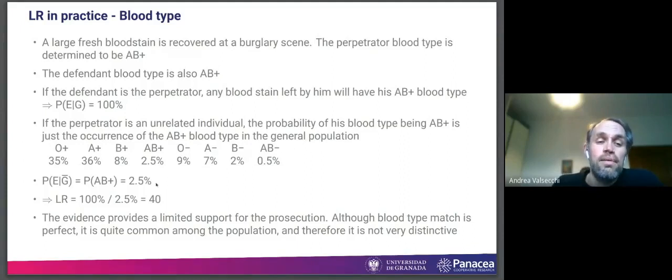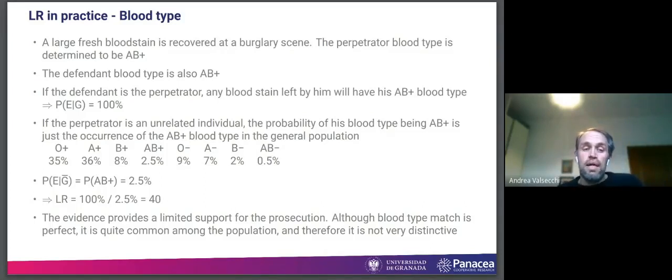So we can calculate the probability of the evidence being produced by somebody else, which is just the probability of AB+ blood type, which is 2.5%. So finally, we can compute our first likelihood ratio value, and it's just the ratio of those two values. So 100% over 2.5%, which gave us 40.